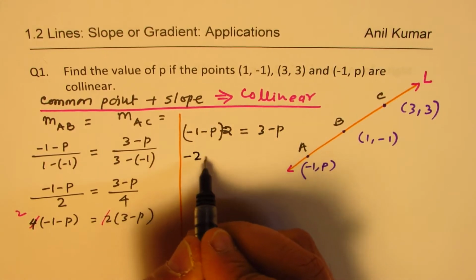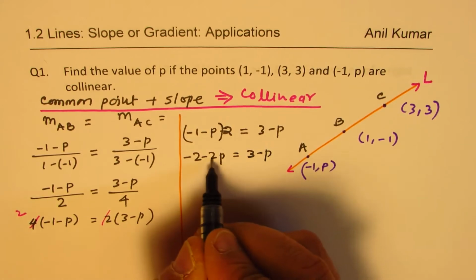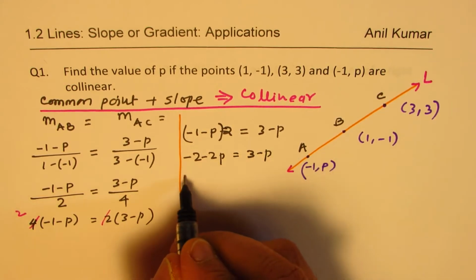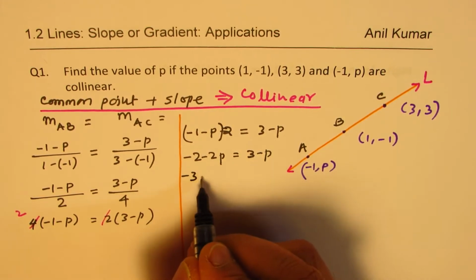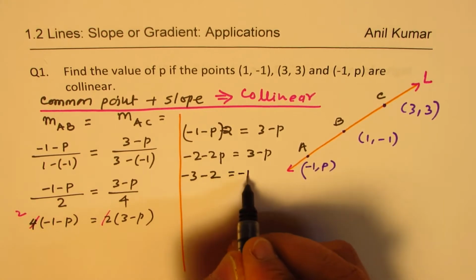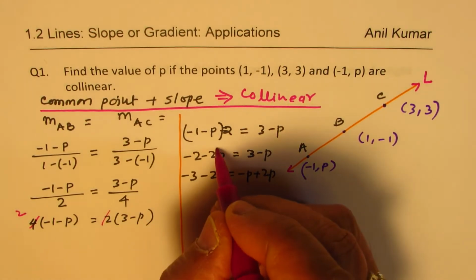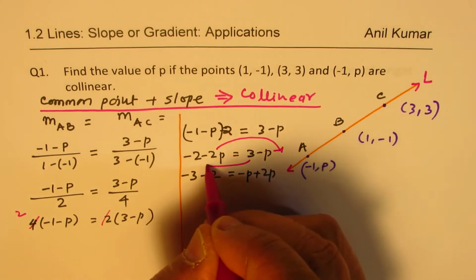So we get minus 2 minus 2p equals 3 minus p. Taking these to the right side, numbers on the left side, we get minus 2 minus 3 equals minus p plus 2p, right? So I'm taking this 2p to the right side and 3 on this side.